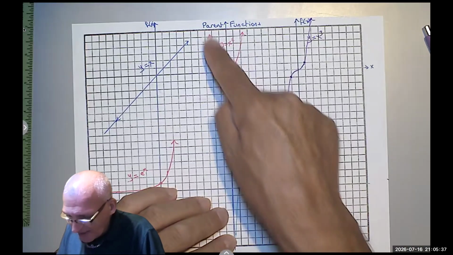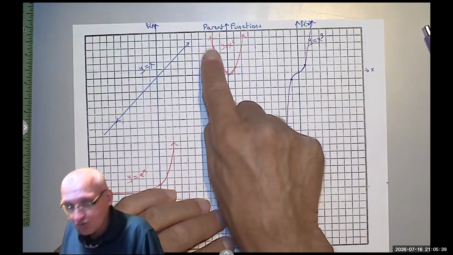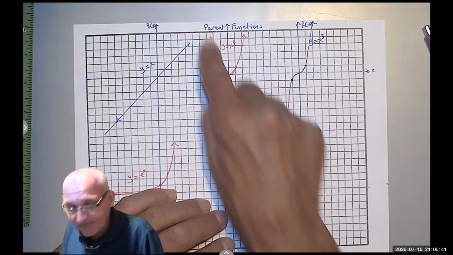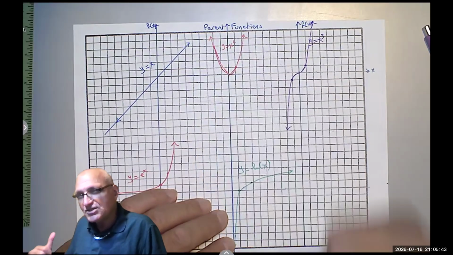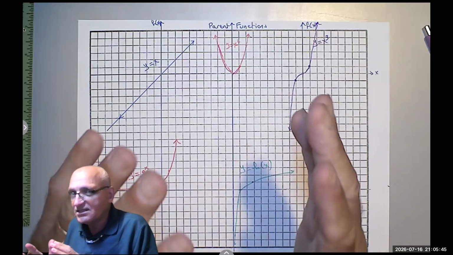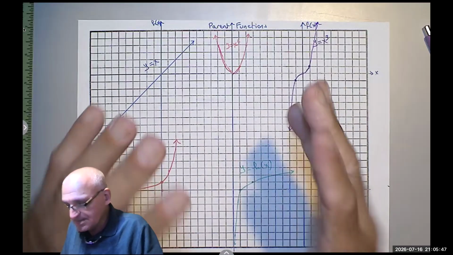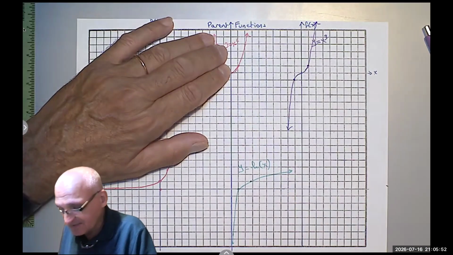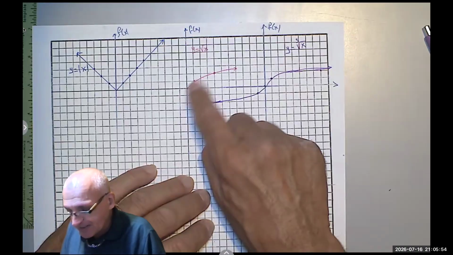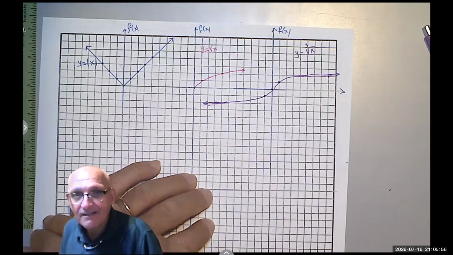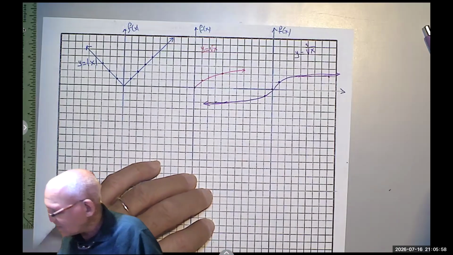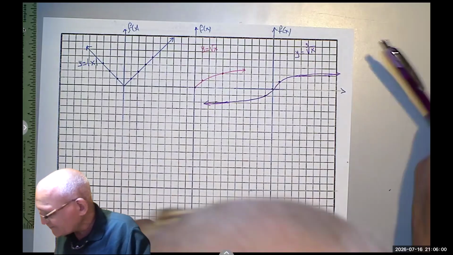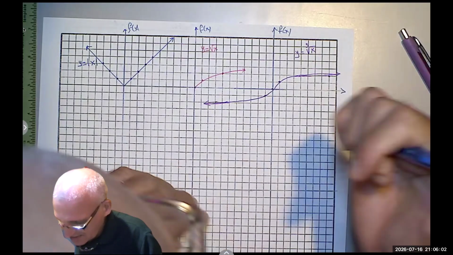Do you see the square? Of course, the square has 2 branches because you can have a square of a negative number. But for the square root, we had to say no, just the positive number. So if you look at just this branch, the positive one, and that branch, do you see something?